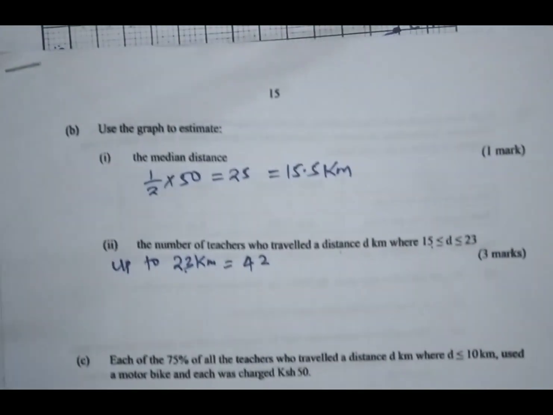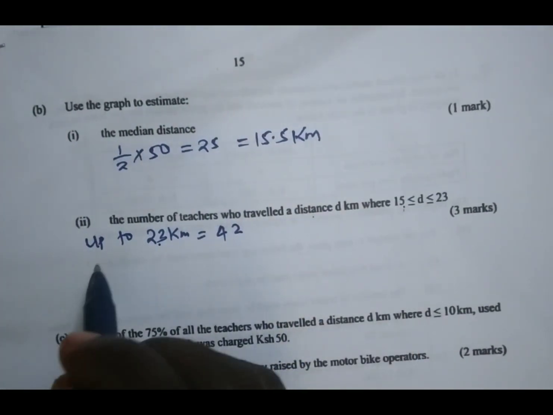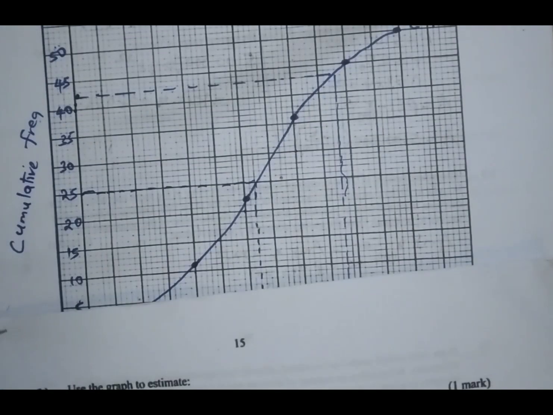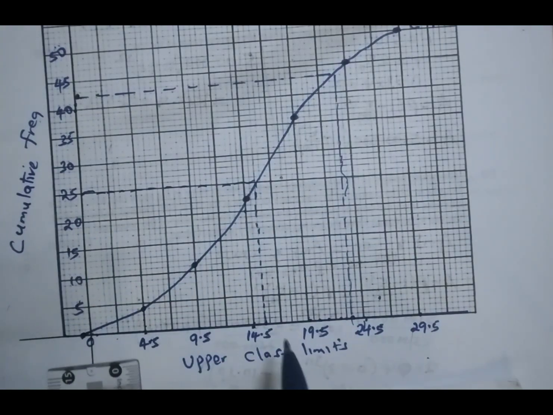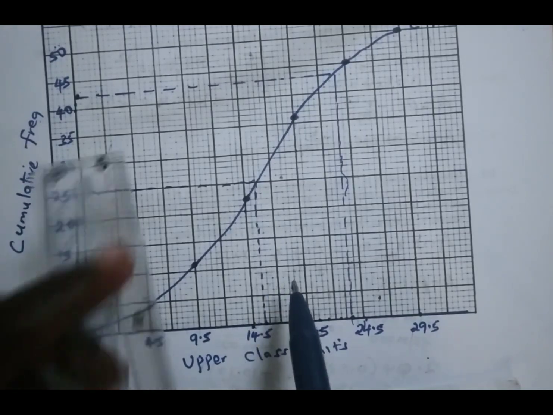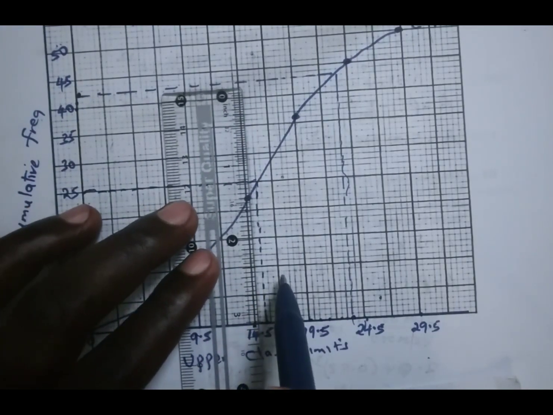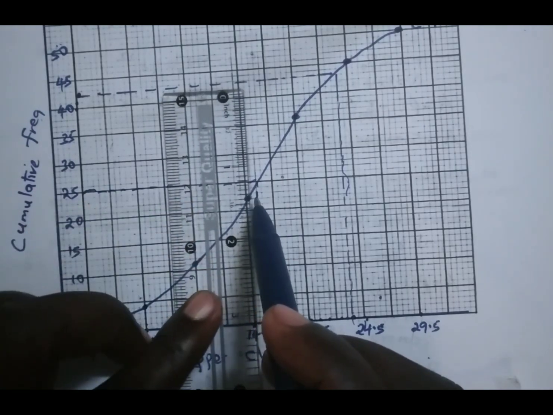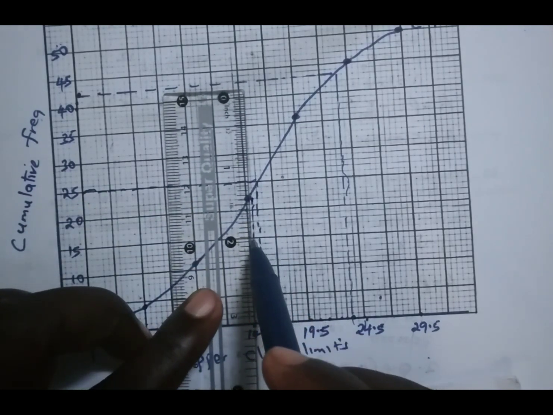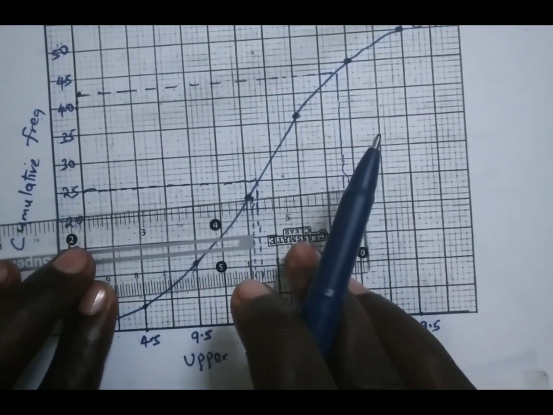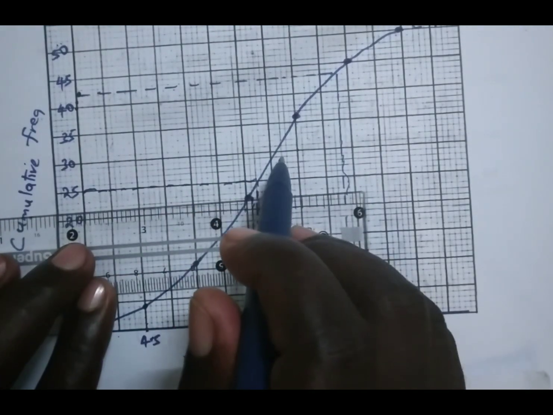We proceed up to 15 kilometers. We again go to our cumulative frequency curve and locate our 15. And at 15, this is 14, 15. You draw a broken line again from this point, and again you join it towards the y-axis.